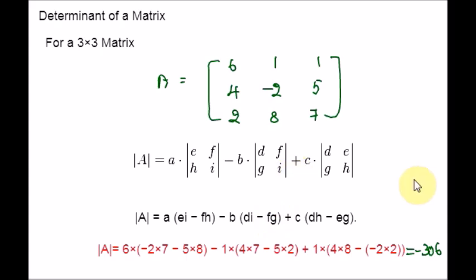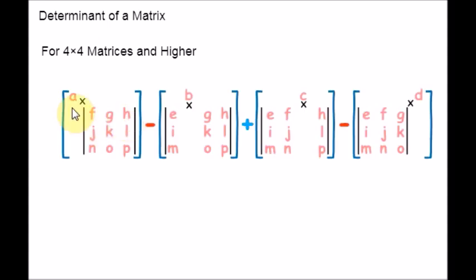Now let's see the 4 by 4 matrix and higher order matrices. For a 4 by 4 matrix, the same pattern which we used for the 3 by 3 matrix continues. Here it will be plus A times the determinant of the matrix that is not in A's row and column, minus B times the determinant of the matrix that is not in B's row and column.